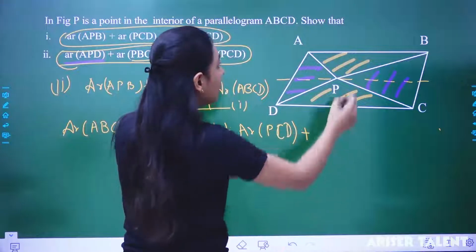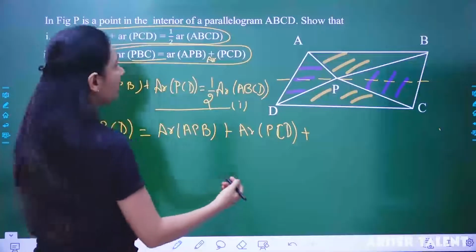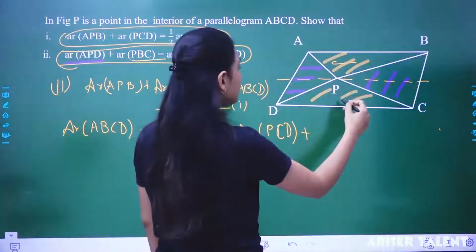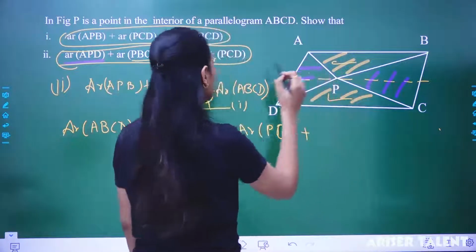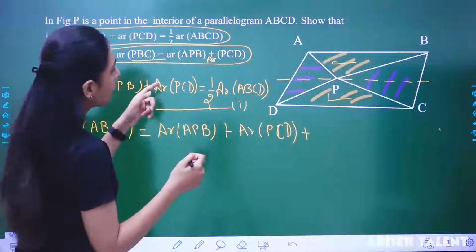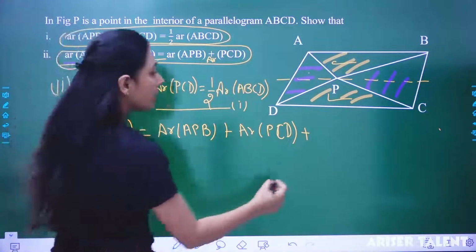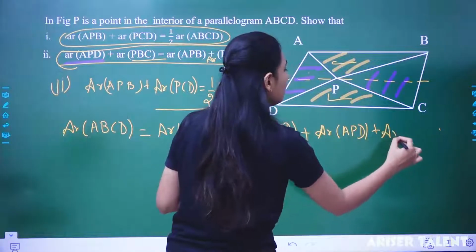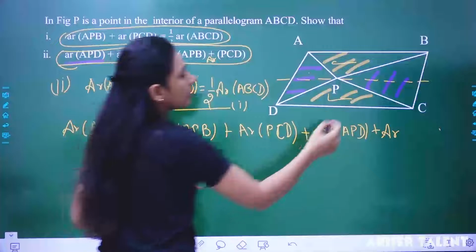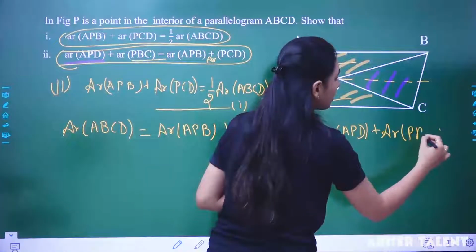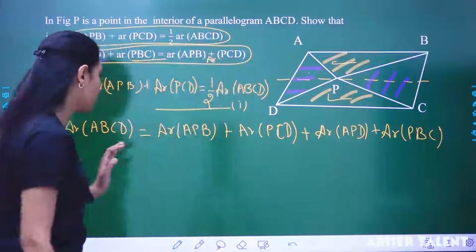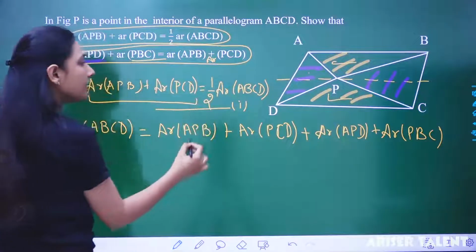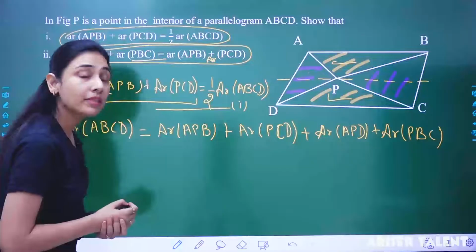Then we take this triangle APD, plus this area PBC. Now, we can write area APB plus area PCD equals half area ABCD.